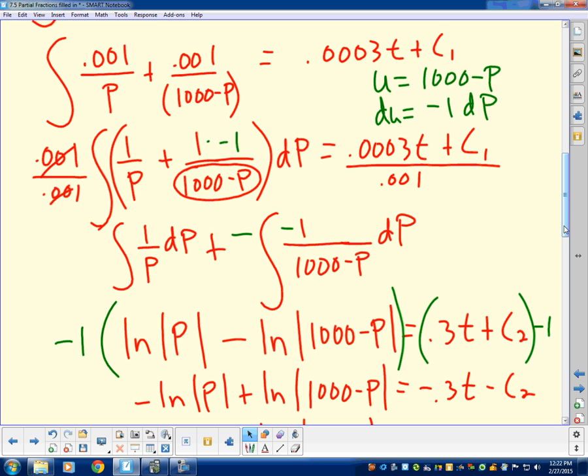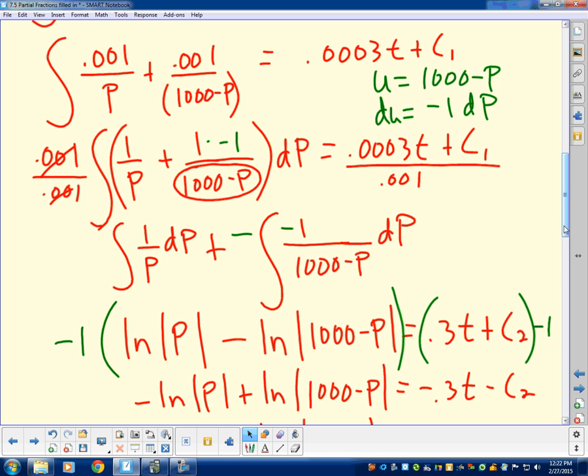So here, the integral of 1 over p is going to be ln of p, and the integral of this thing right here is going to be negative ln of 1,000 minus p, and then equals. You're dividing by 0.001.